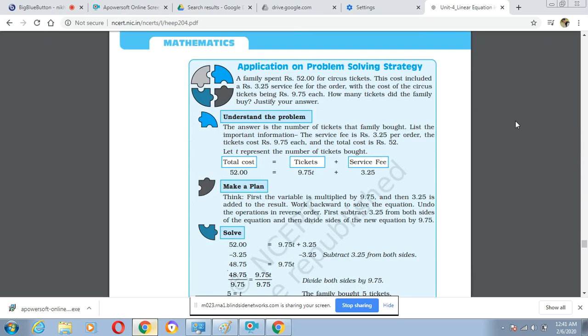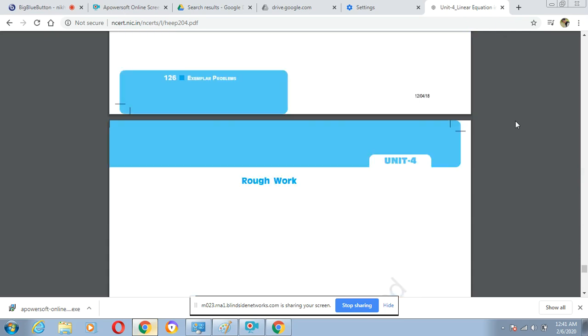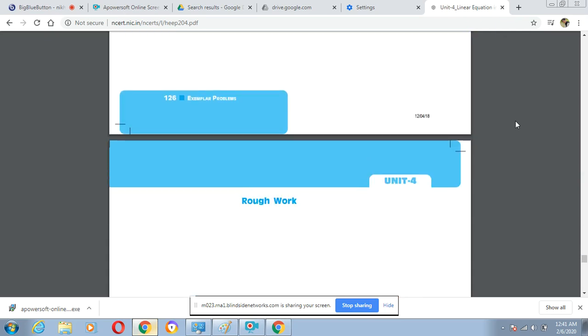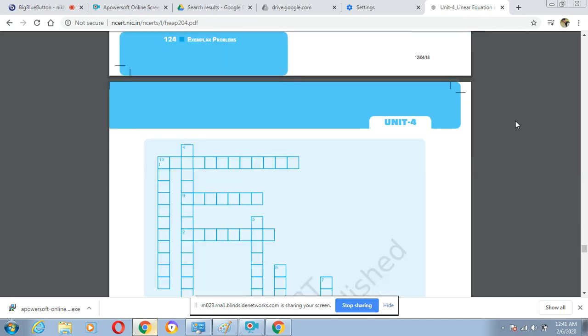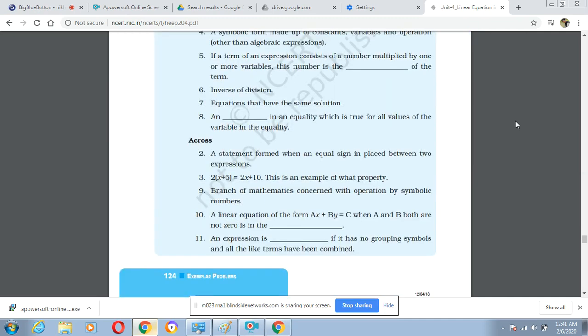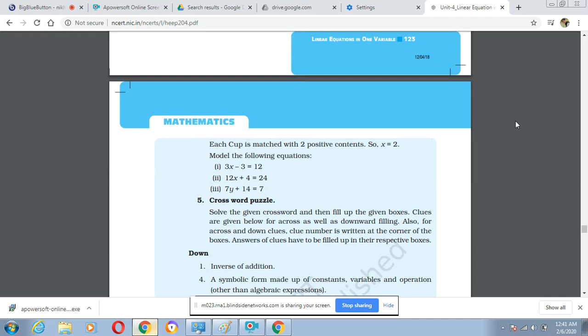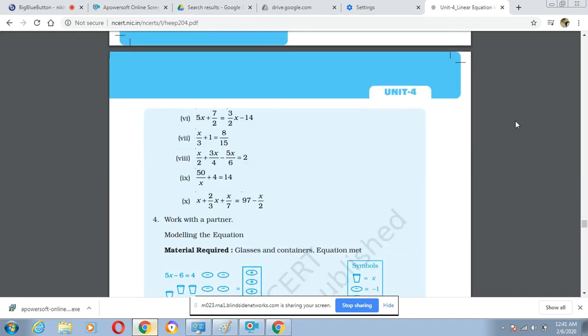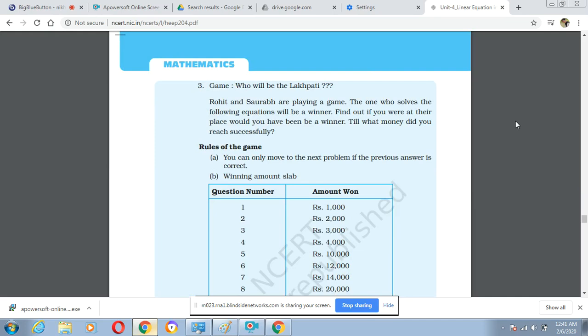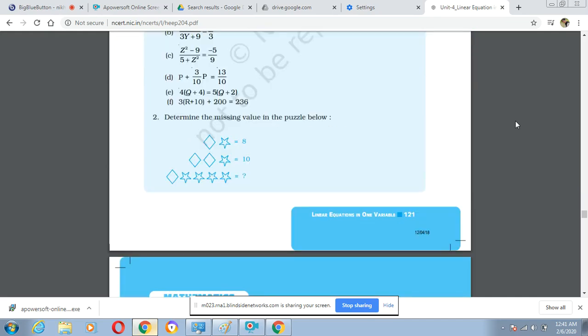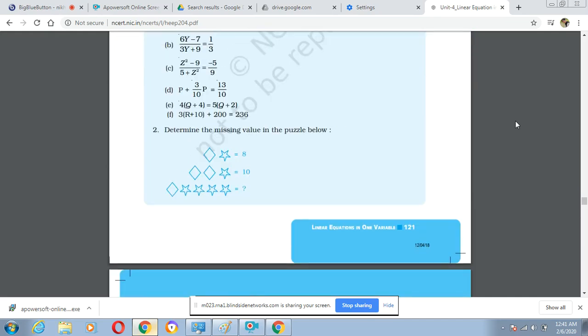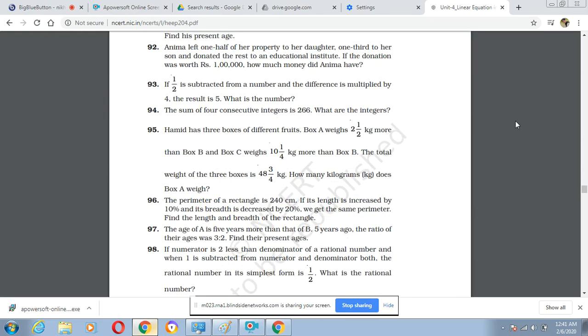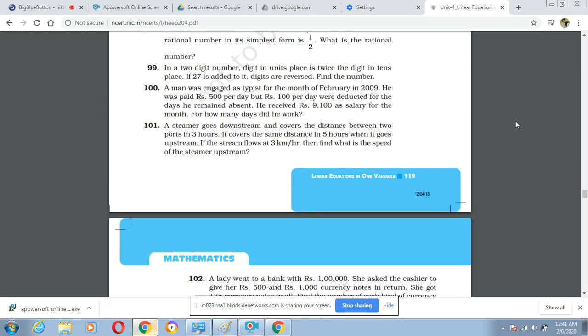I'm searching for some word problems. Okay, can you take a screenshot?